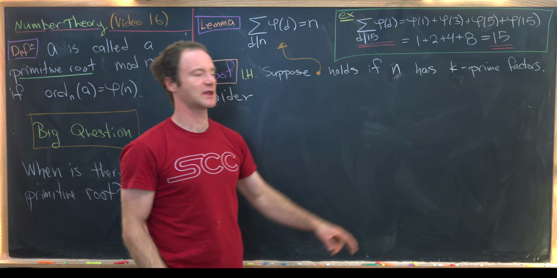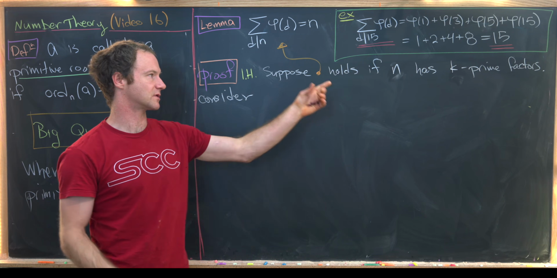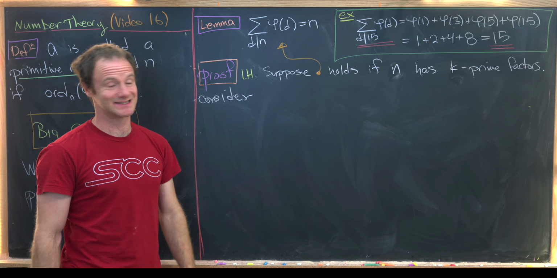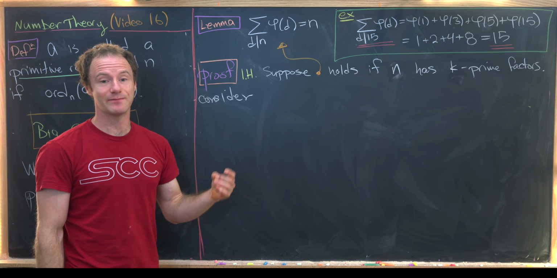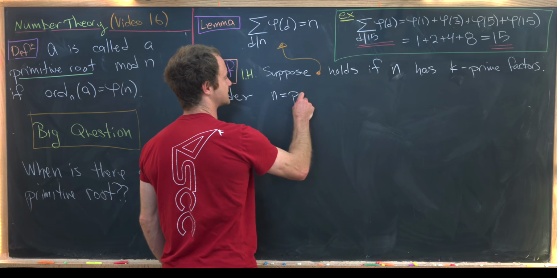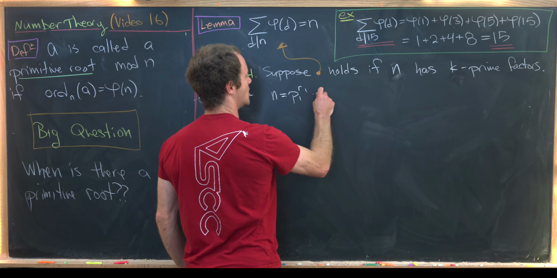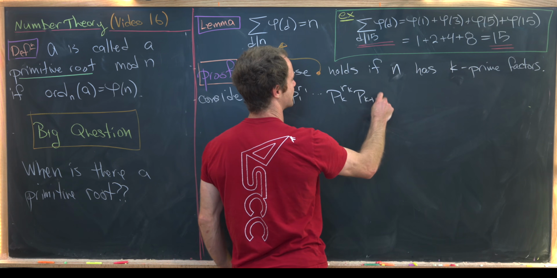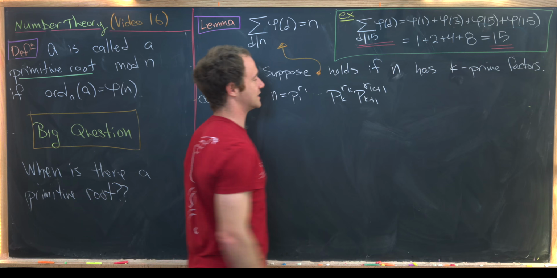But this n is playing the role of all natural numbers with k prime factors. And this new n is maybe distinct, and it has k plus 1 prime factors. So we're going to write this as n equals p1 to the r1 all the way up to pk to the rk times p to the k plus 1 to the r k plus 1.